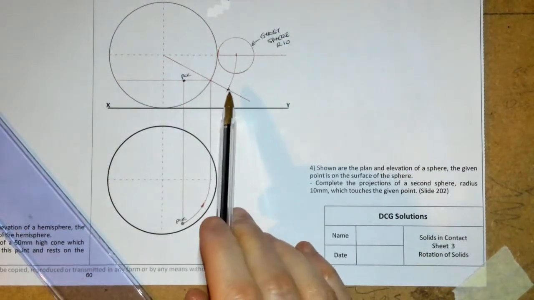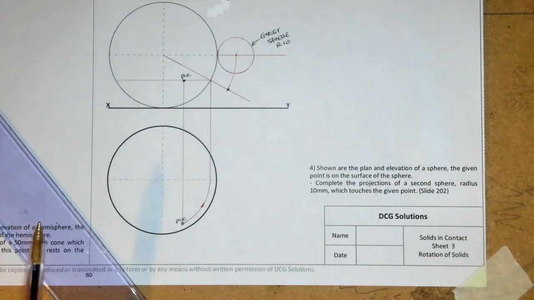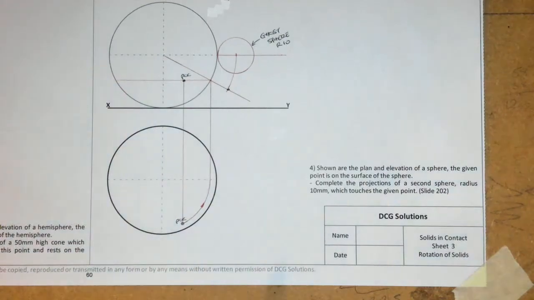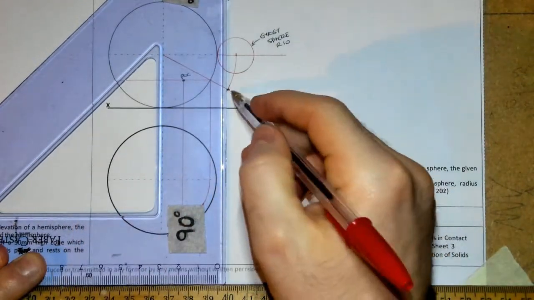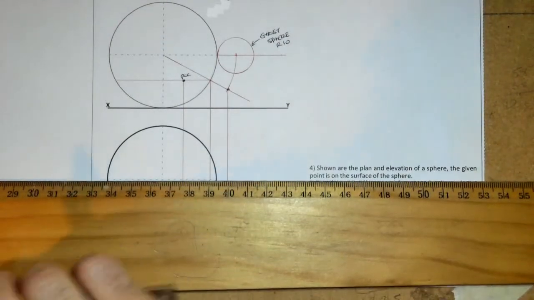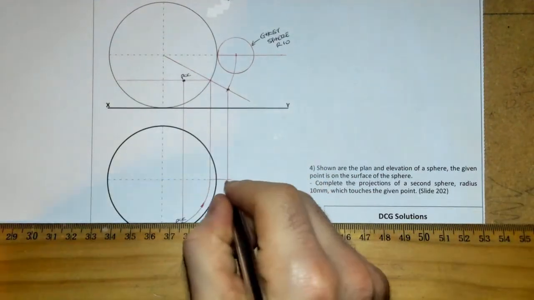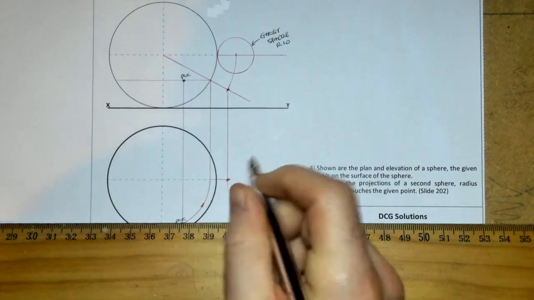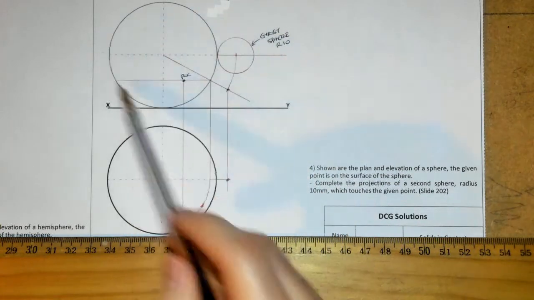So now what we actually have is the height above the XY line of our ghost sphere. Once again I am going to transfer that down to my plan view, and transfer this bit out, and what we have is we have found the center when it is on the extreme right of our elevation.